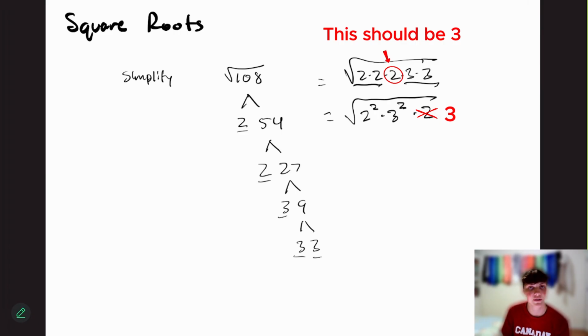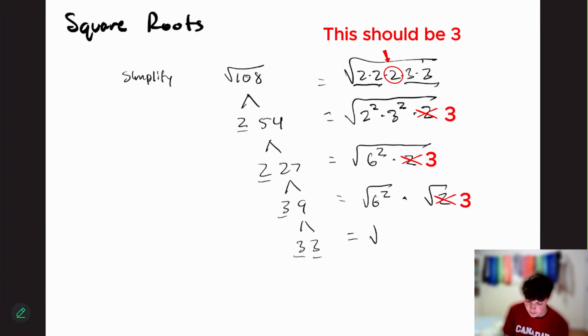And 2 squared times 3 squared is just 6 squared, so 6 squared times 2. What's the square root of 6 squared? It just cancels. So this is equal to the square root of 6 squared times the square root of 2, and the square root of 6 squared is just 6. So it's just going to be 6 times the square root of 2.